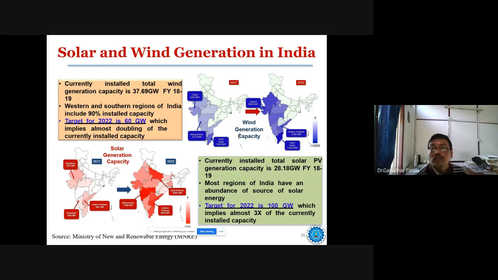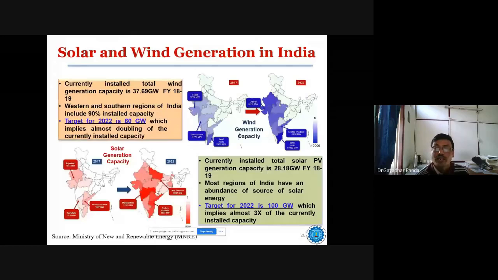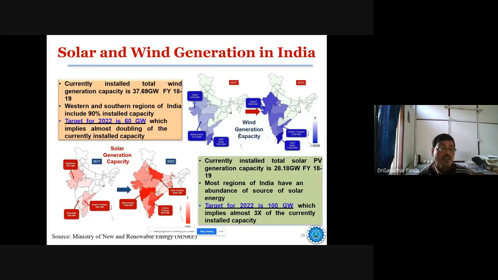Similarly, you can see here the currently installed total solar PV generation capacity is 28.18 gigawatt, calculated for the financial year 18-19. Most regions of India have an abundance of solar energy. That is true. Target for 22 is 100 gigawatt, which implies almost 3 times the currently installed capacity.